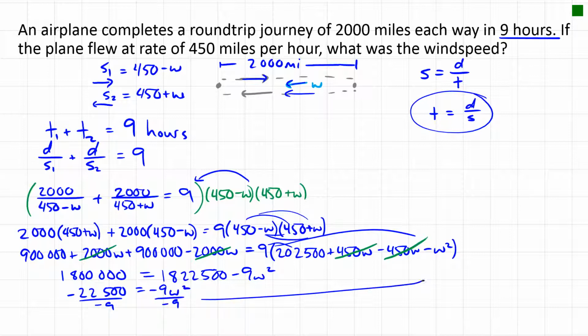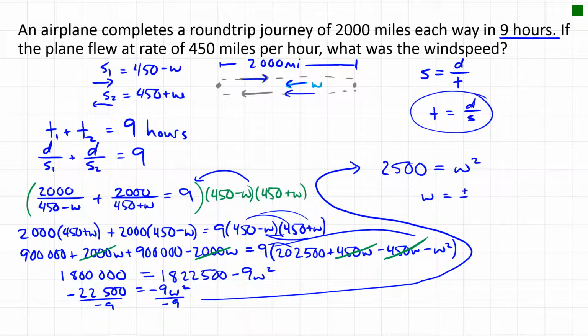I'm going to give myself a little bit more room to work up here. So now I have, divided by negative 9, 2,500 equals W squared. And now I can apply that square root principle to say that W is plus or minus the square root of 2,500. So taking the square root of that in my calculator, I get plus or minus 50.